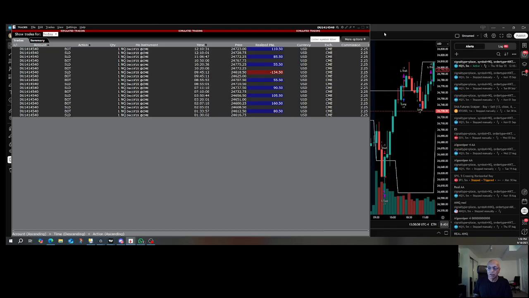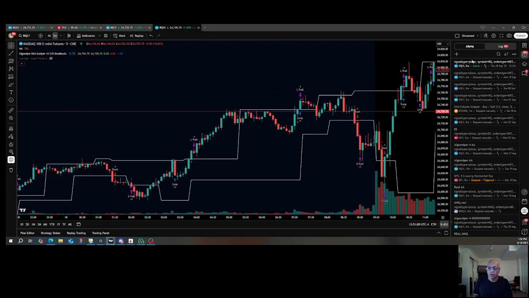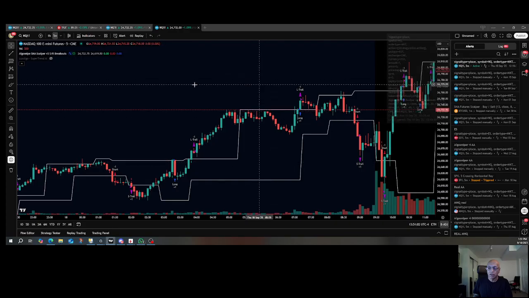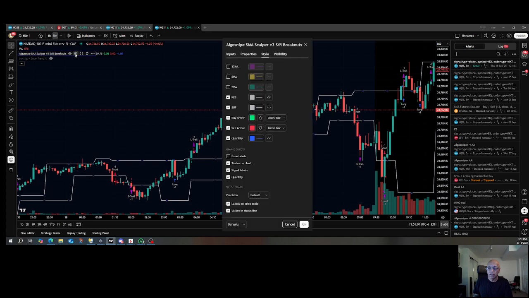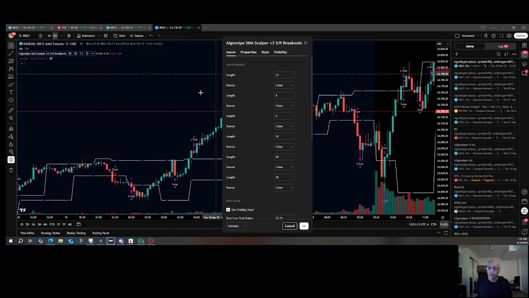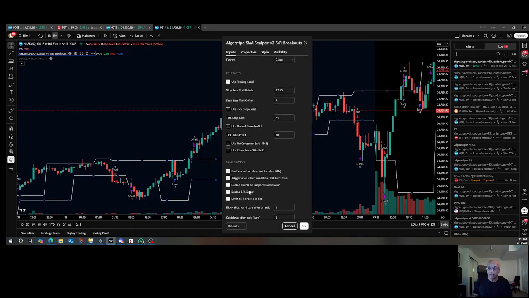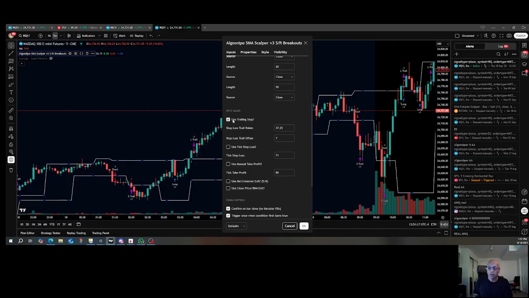But here I'm going to show you how you don't have to pause it from here. You can go here into the software, this trade here. What you can do is go into the inputs, then go down here, take this trailing feature off, uncheck this, and go to manual.